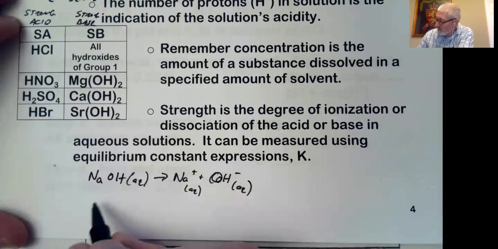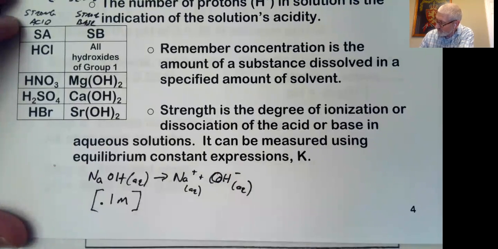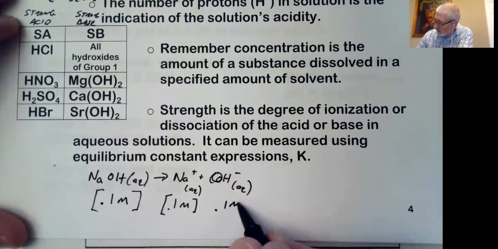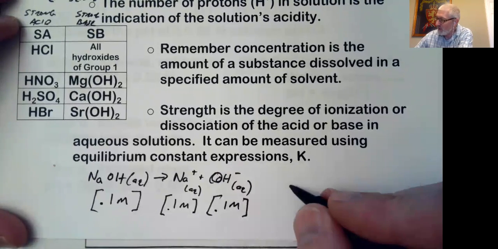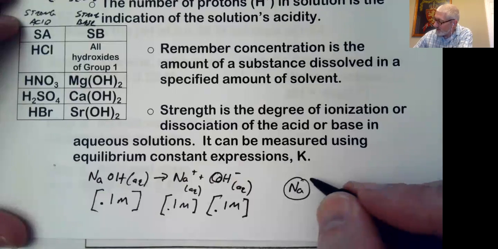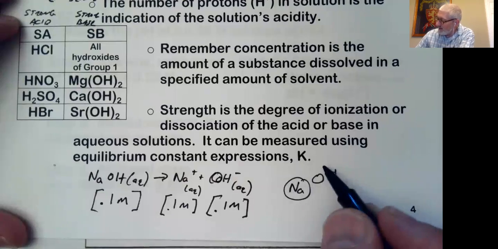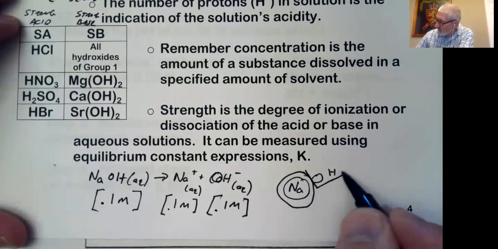And so if I made up a value, if I said that this was a 0.1 molar solution, I know that that would break apart and make me a 0.1 molar concentration of Na plus and a 0.1 molar concentration of OH minus, because for every NaOH that breaks apart, here's the Na, right? Here's an O attached to an H. Every time I put that in water, I get one of these guys, and I get one of these guys.